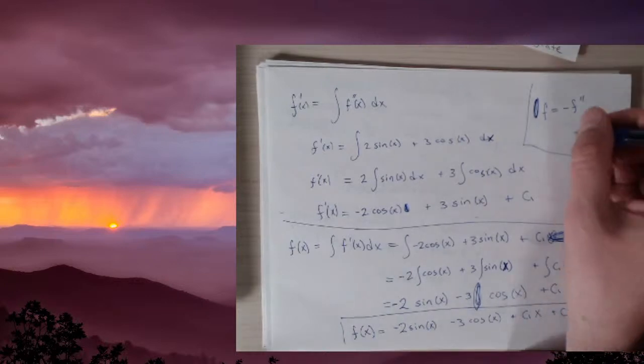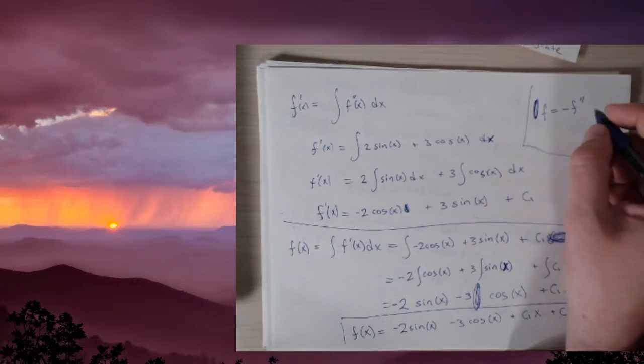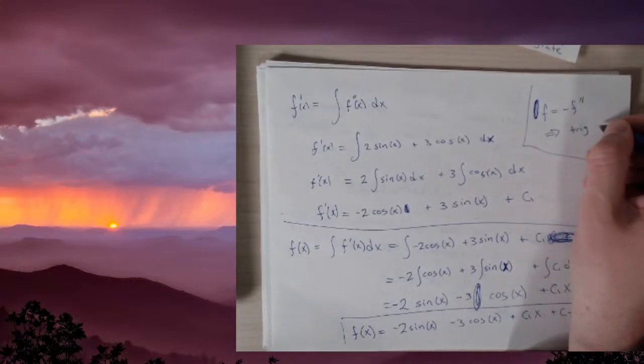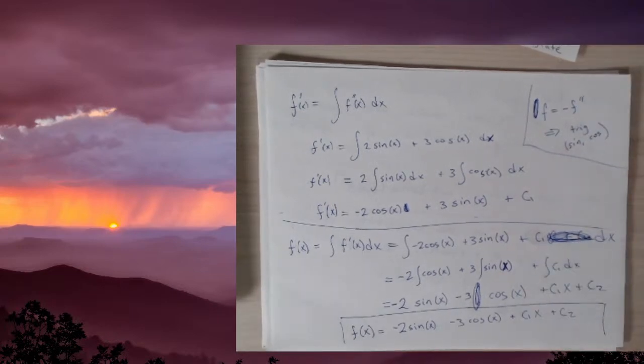So this implies that it's trig functions that have this. In particular, sines and cosines have this nice property where if you take the second derivative, you get the original function back, but negated, which really means that if you take the fourth derivative, you get back to where you started, right?